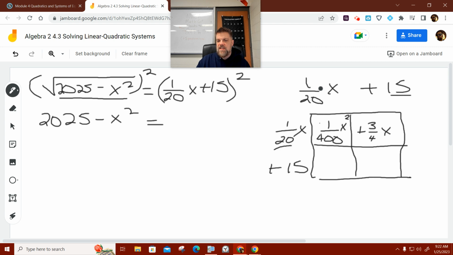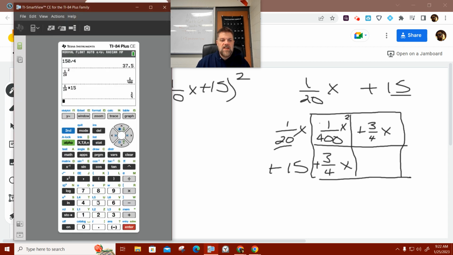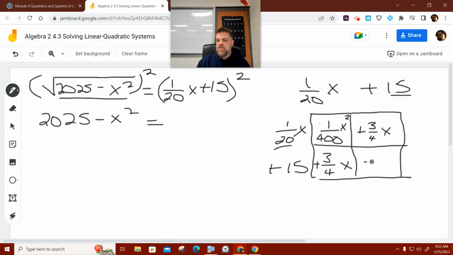This is essentially the same thing, 1 over 20x times 15. So this would be 3/4 x. It's positive. And then 15 times 15. Anybody know what that is off the top of your head? 15 squared? Is it 225? Yeah. So it's 225. Okay.